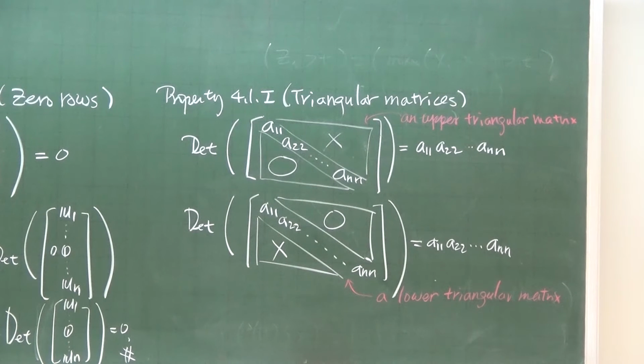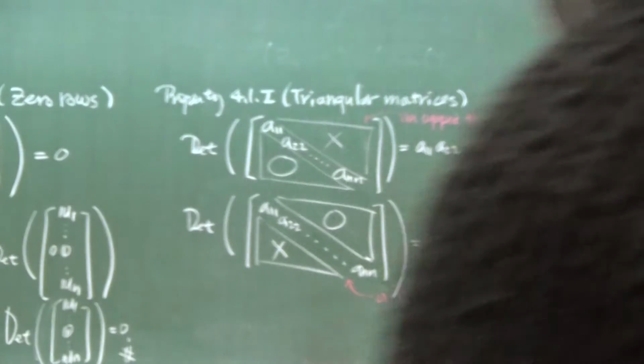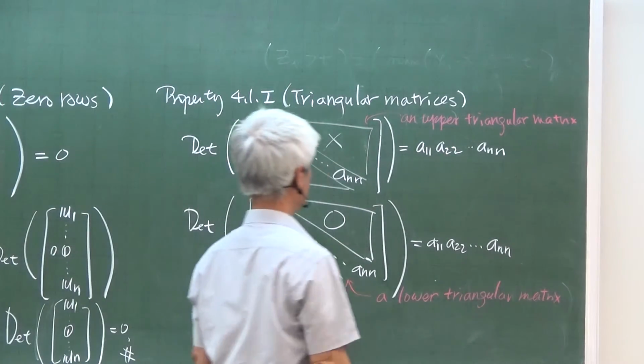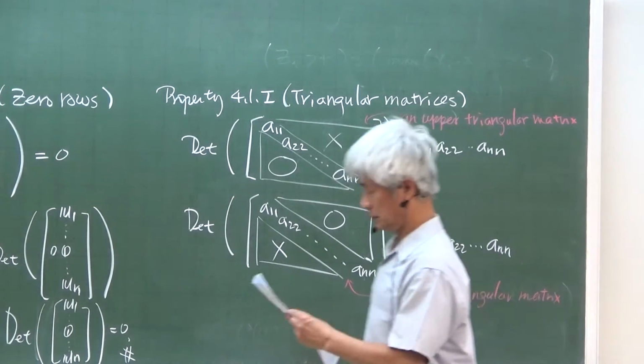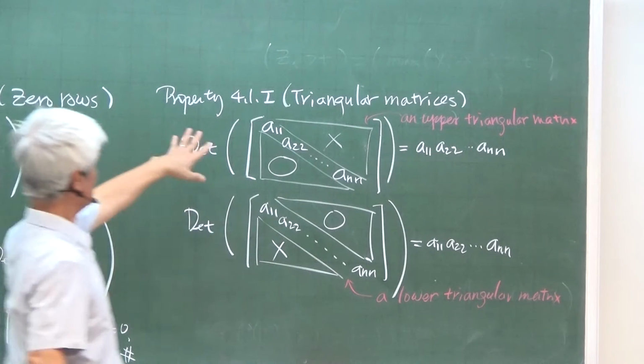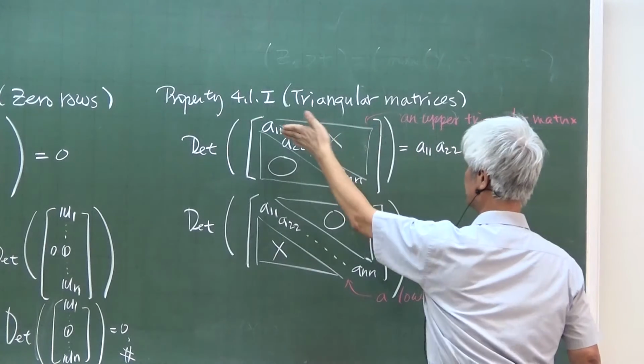All right, so we have two cases. Case one, all diagonal entries, Aii, are non-zero. So A11 and so on, they are all non-zeros.